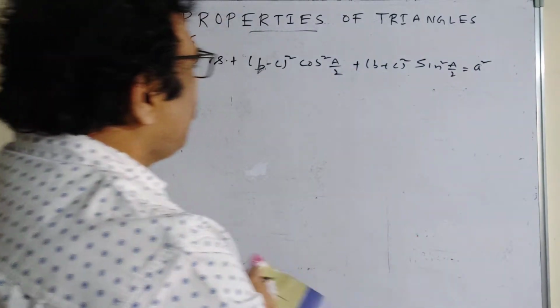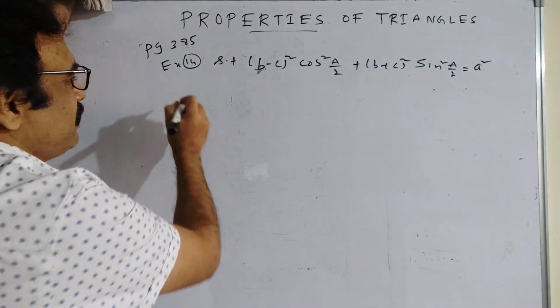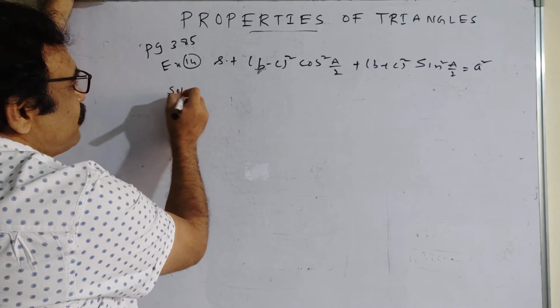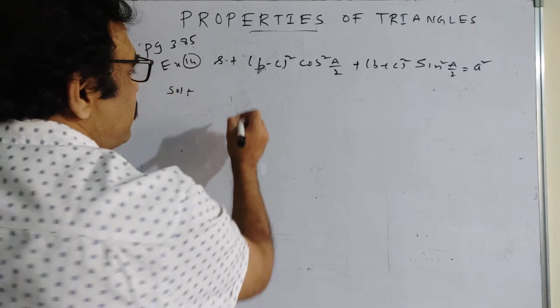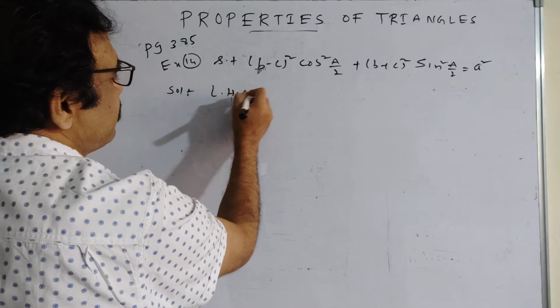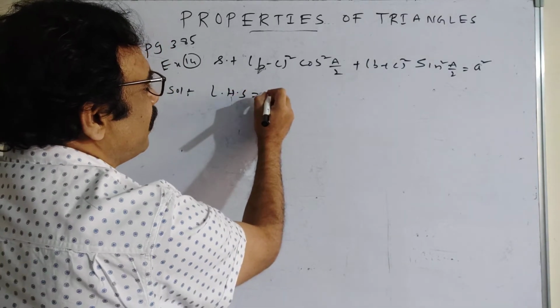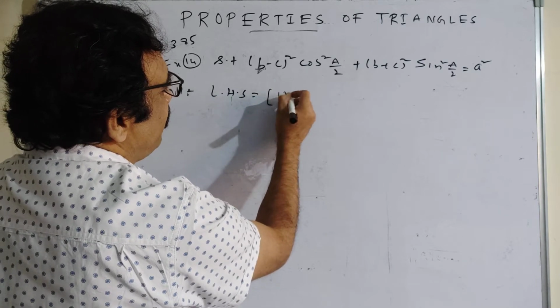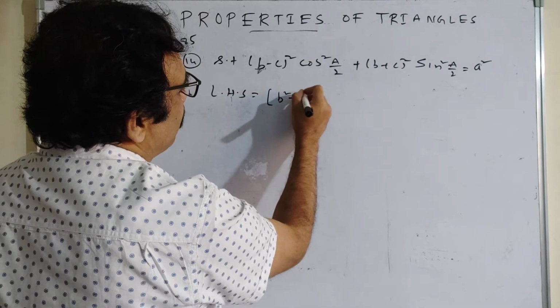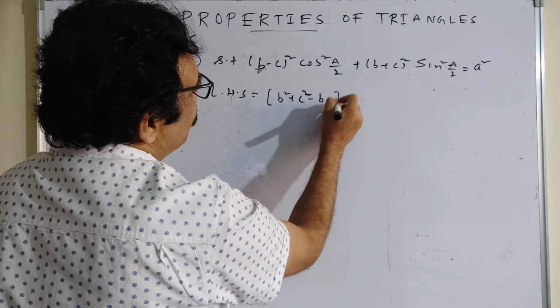Now, coming back to the session, I'll be taking the left hand side result in the solution. We know that the B minus C whole square formula is B square plus C square minus 2BC.